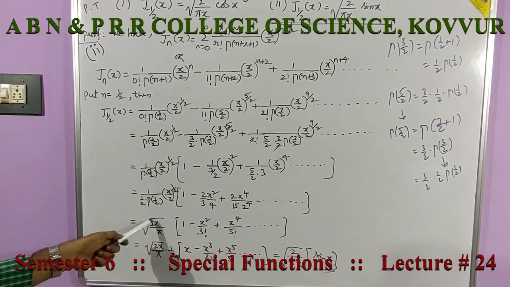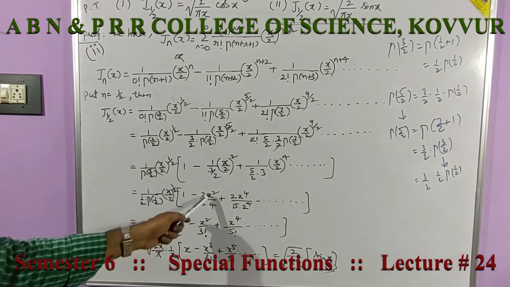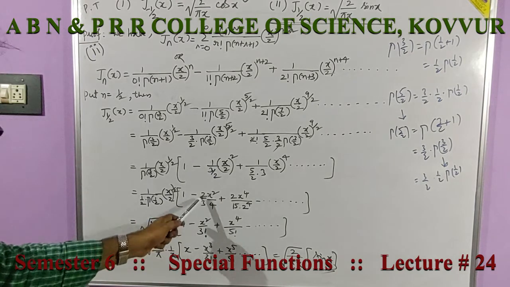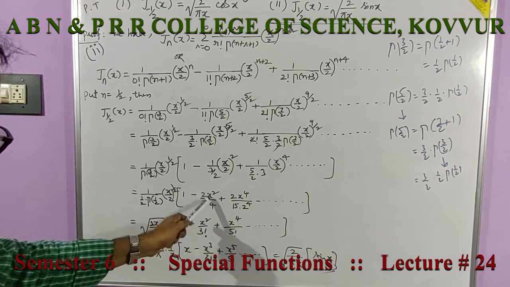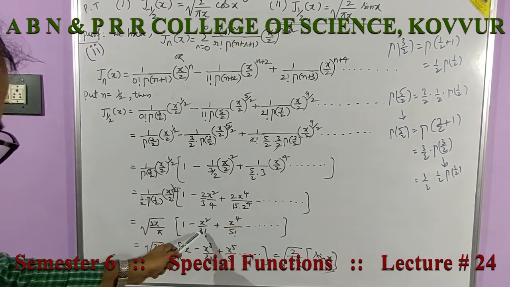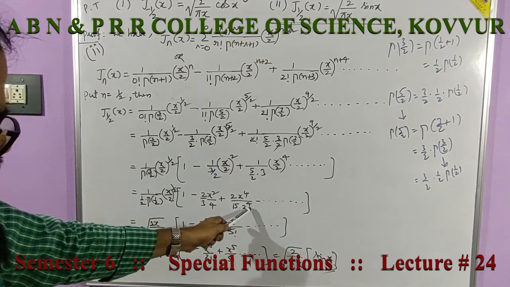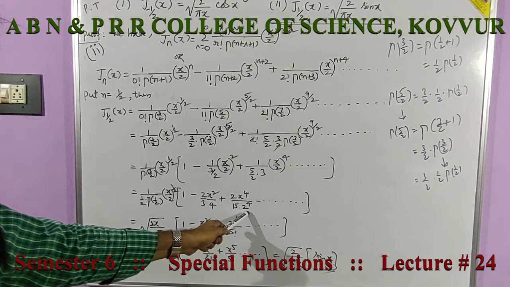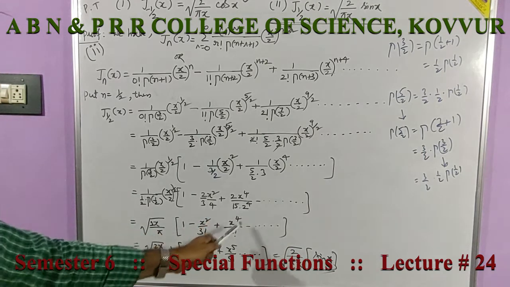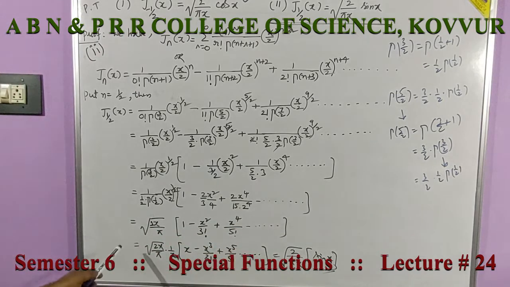Therefore this is root 2 into root x by root pi, that is square root of 2x by pi, into 1 minus x square by 3 factorial plus x power 4 by 5 factorial.